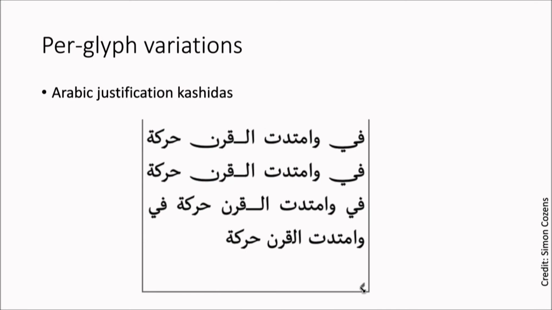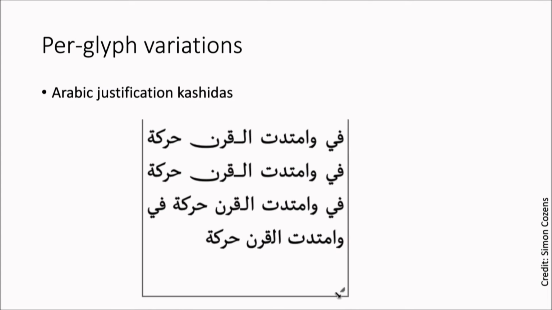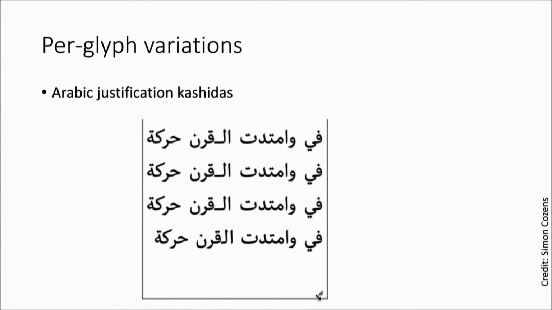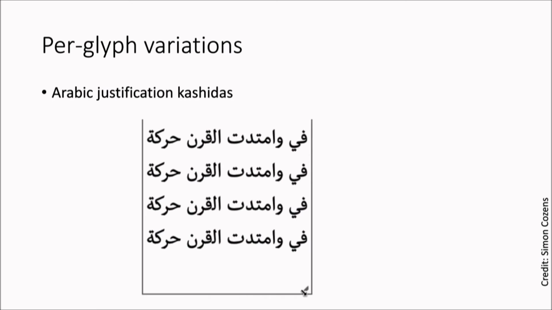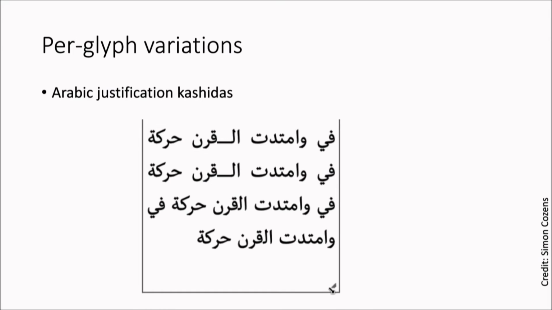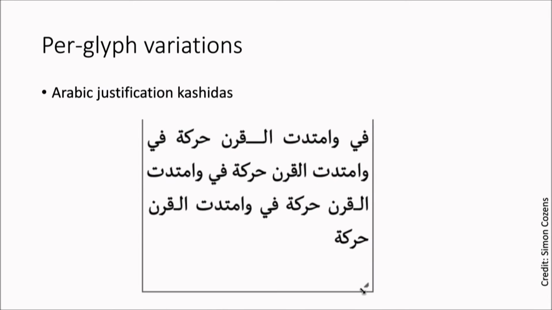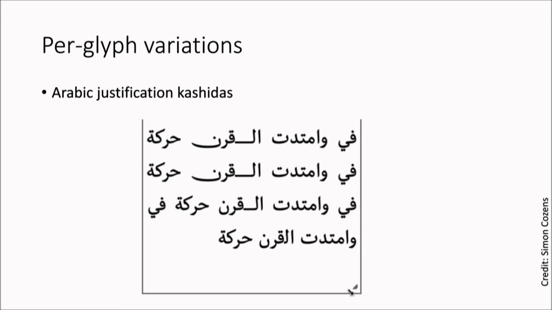Also notice the last letter in that word, the nun, where when you get to a certain width, suddenly it jumps to an entirely different shape. That's another mechanism that can be used in the justification table, where you can say, well, I've got some discrete variants of this glyph, and I can select them.